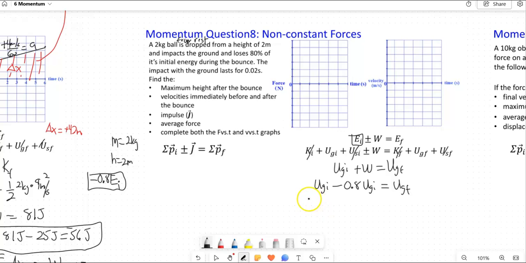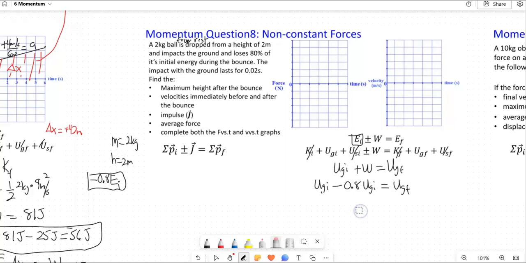Just to make the math easier, we could factor out this UGI. But I kind of like to do things more methodically and as the problem is laid out.